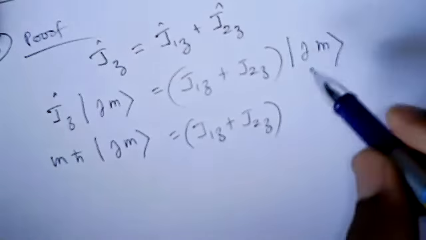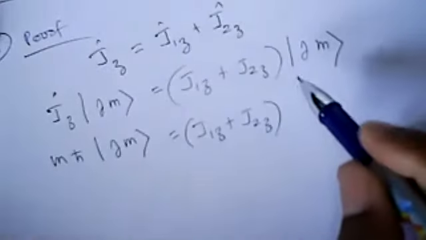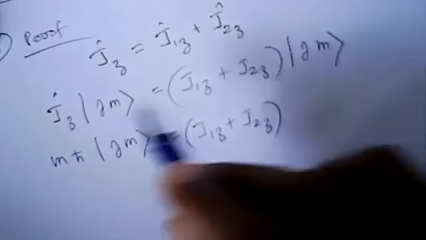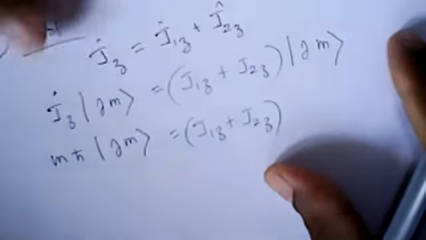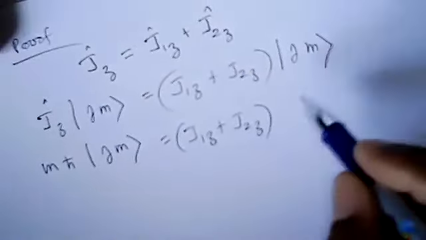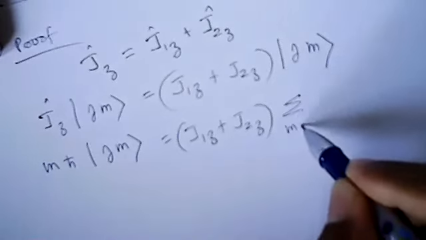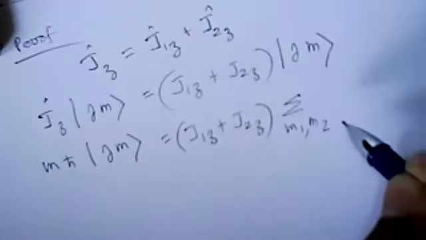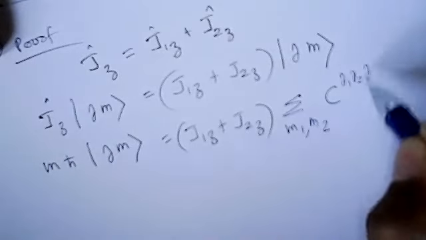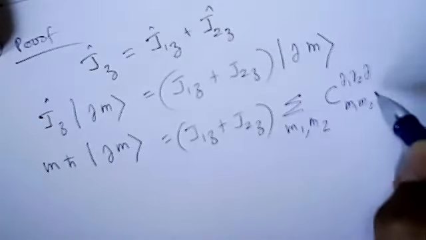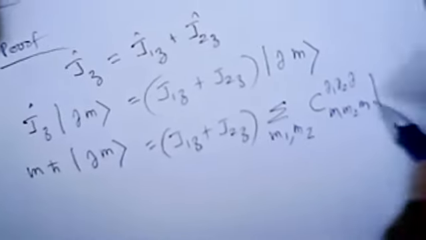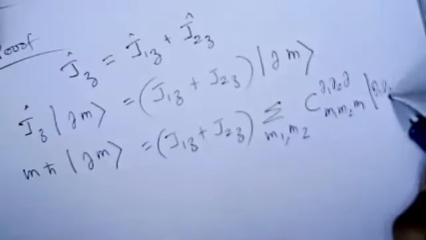So instead of Jm, we can write, using our earlier equation, the sum over M1, M2 of C J1, J2, J, M1, M2, M times ket J1, J2, M1, M2.